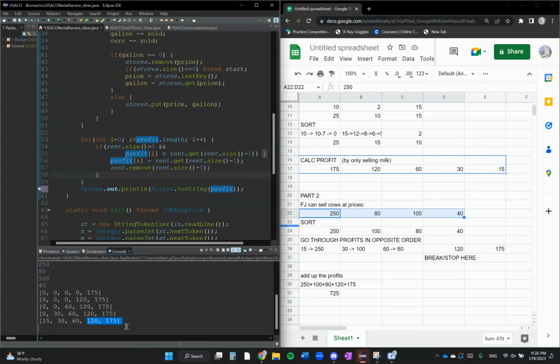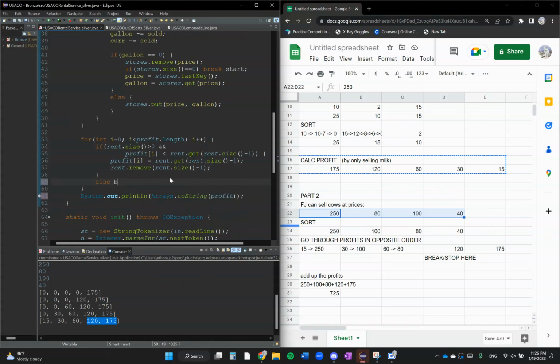But since all of the values after that are also going to be greater than it, the amount of profit Farmer John can make by selling a cow at a specific index can only decrease. So what we can do is else break.